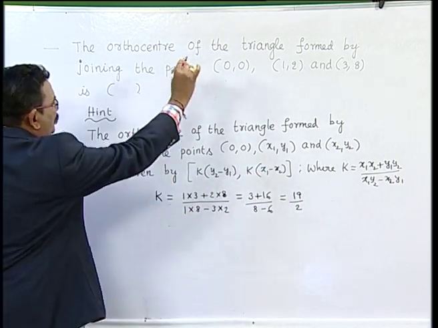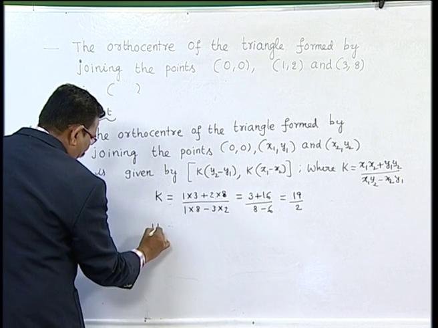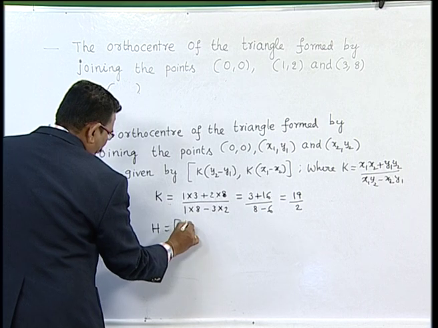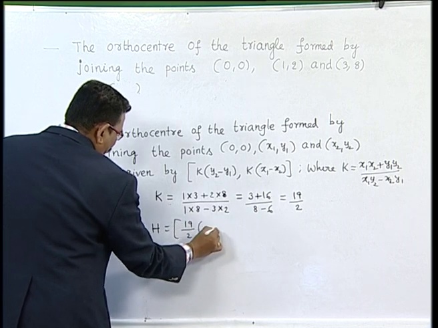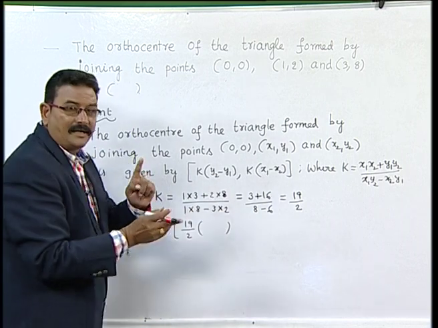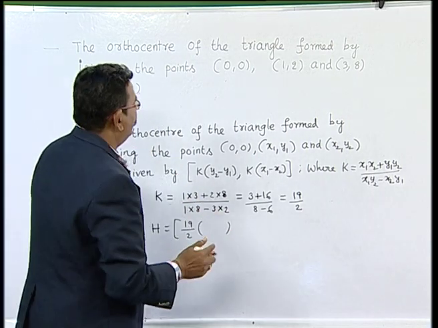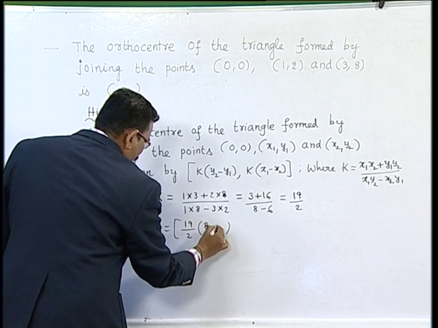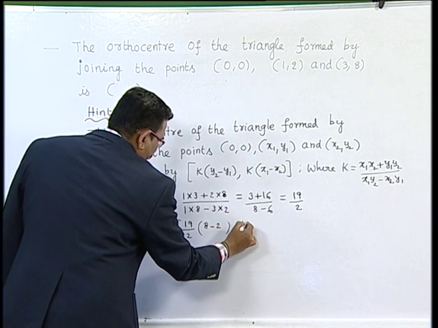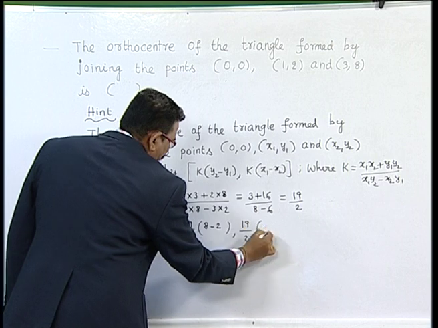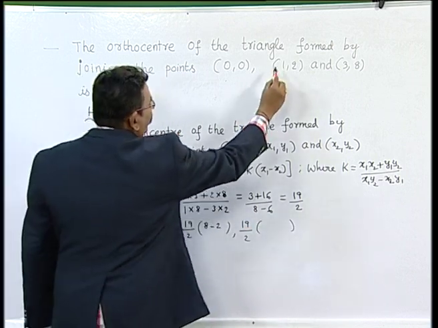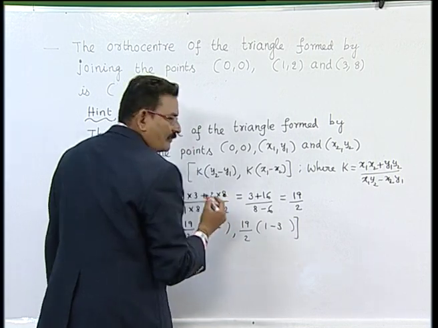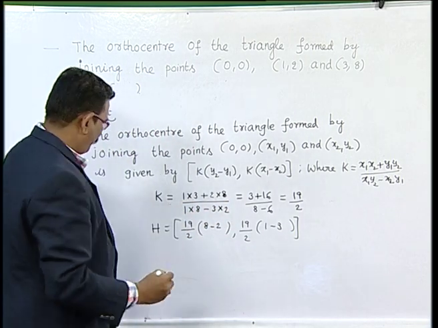Now, the orthocenter of the given triangle, say H, is equal to: k is 19 by 2, times the difference of the y coordinates, in the order y2 minus y1, that means 8 minus 2, comma, k is 19 by 2, times x1 minus x2, 1 minus 3. Let it be simplified.